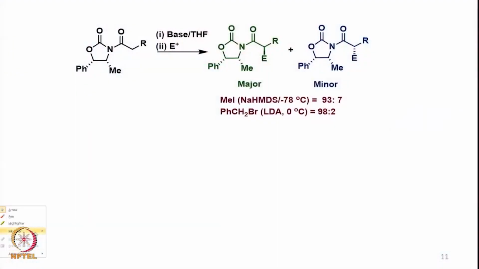If we take for example this type of auxiliary here, in which phenyl as well as the methyl both of them are alpha oriented, this is even better because now you have two larger groups oriented in alpha fashion.